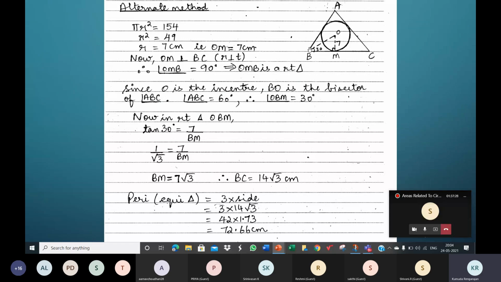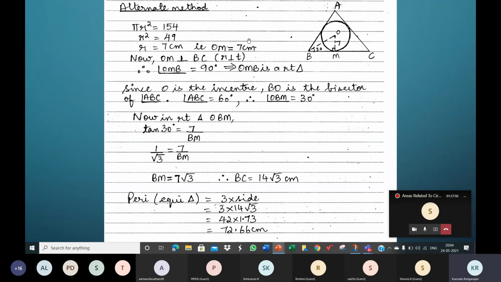When you join the incenter to the vertex, that will be the angular bisector of B.